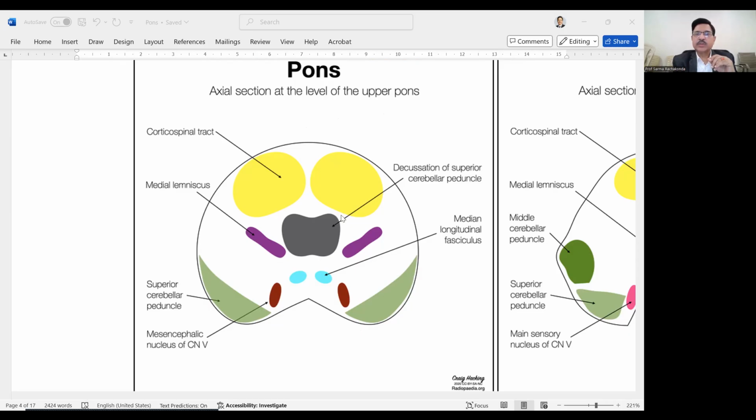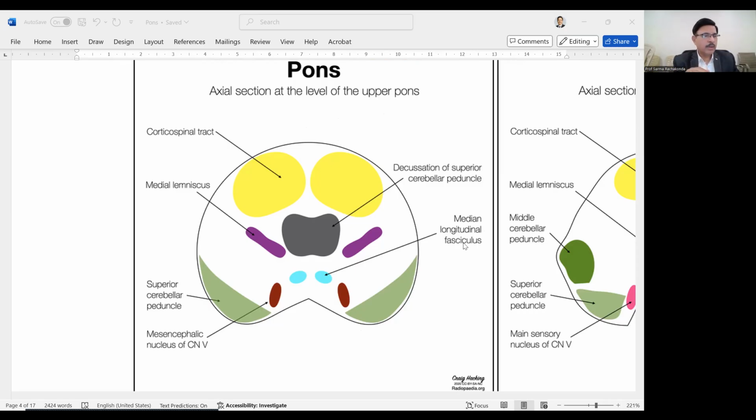Then the decussation of the superior peduncle and the medial longitudinal fasciculus. Major important tracts are the corticospinal tract, corticobulbar tract, and then the decussation of the superior cerebellar peduncles, medial lemniscus, and the medial longitudinal fasciculus in the center, and the mesencephalic nucleus of the fifth nerve.